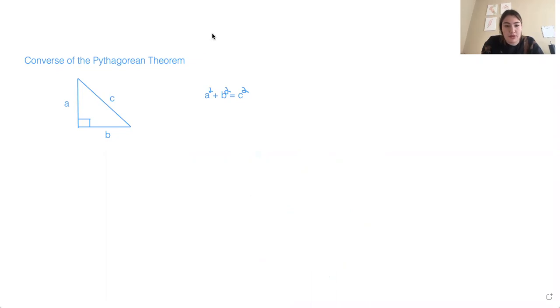Okay. So let's try a triangle with side lengths of 13 kilometers. We'll do a little bigger numbers now. 16 kilometers and 18.